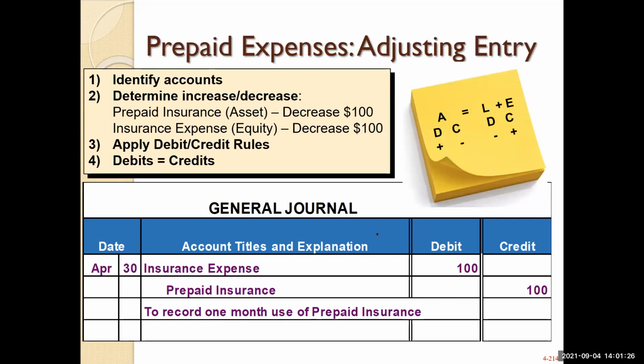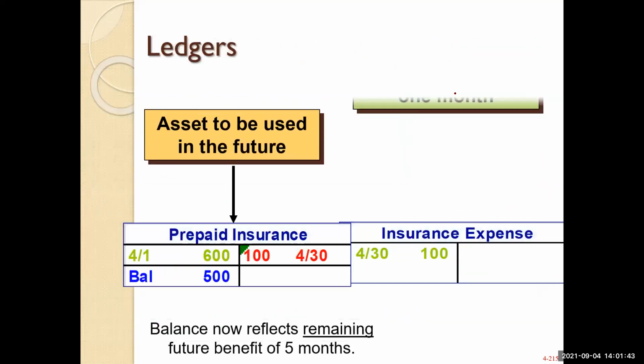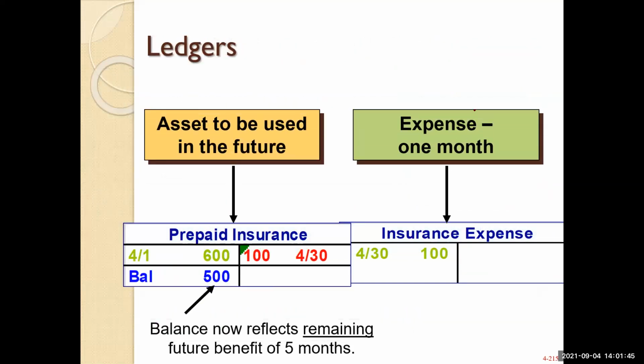We use that transaction analysis to put together our journal entry. So we're going to debit insurance expense and credit prepaid insurance using our handy dandy debit and credit rules on our Post-it. Then you post it to the ledger. So we've got here in our ledger the credit to prepaid insurance and the debit to insurance expense.